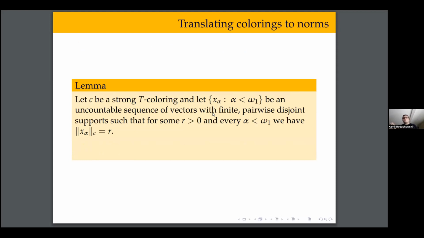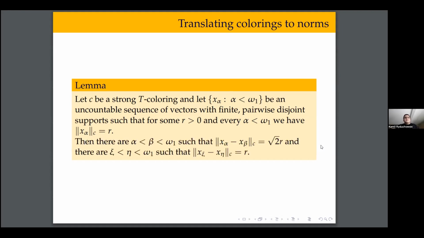Suppose C is a strong T-coloring, and we have an uncountable sequence of vectors from the space X_C with finite pairwise disjoint supports. And for convenience, let's assume that they are all of the same norm R. That's not really important. Then there are two vectors in this family which are at distance precisely √2·R, and there are two vectors such that they are at distance R from each other.